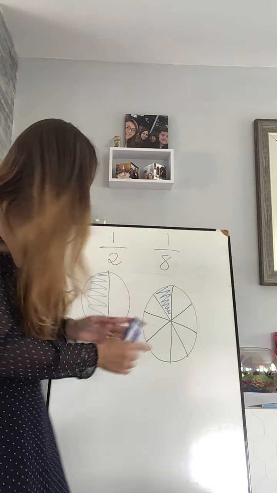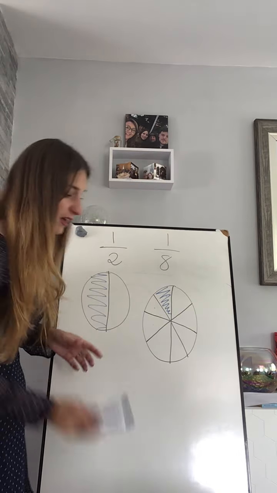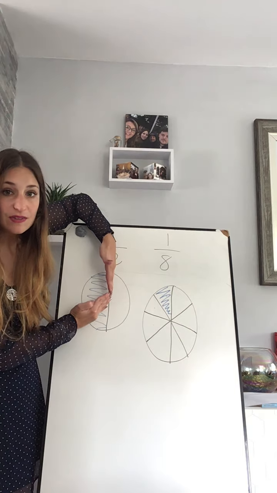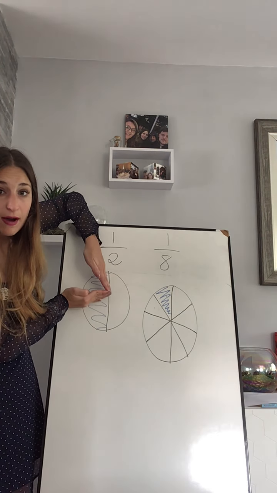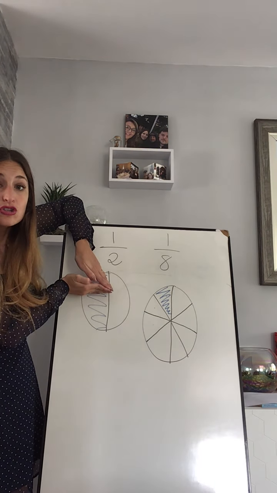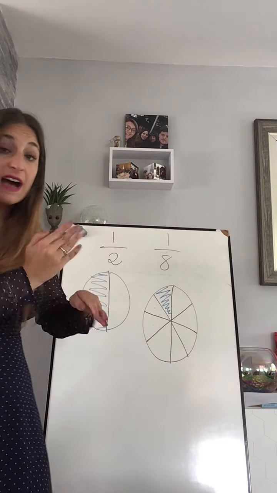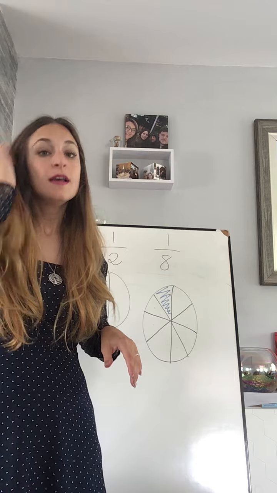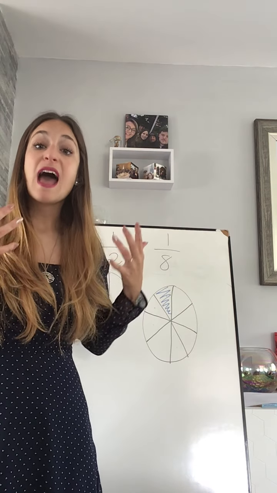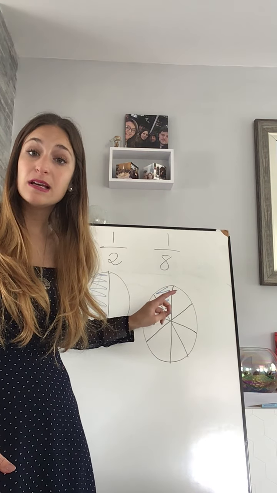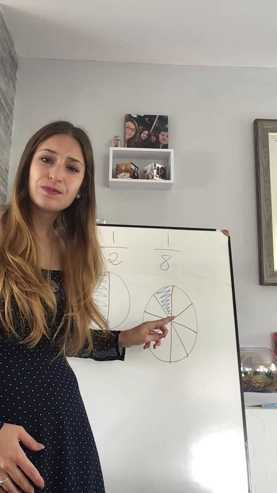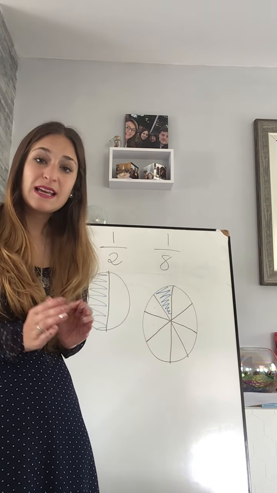If you only cut it in half, you get that much of the pizza, but if you keep cutting it into more equal parts, it's going to be smaller. As bigger is the denominator, and that's what we were all saying in class, smaller gets the fraction. So you will get a smaller bit.